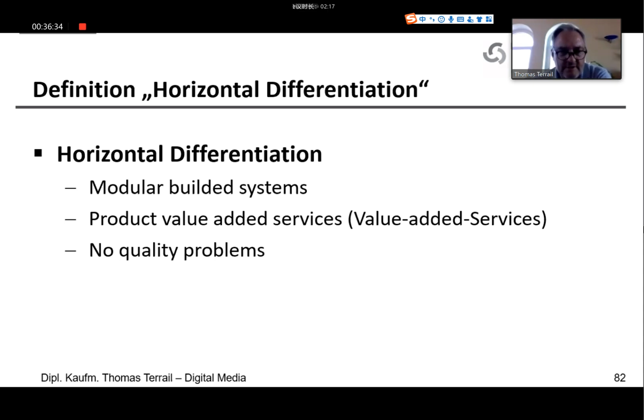So, product value added services. You have a low price portal and you have a luxury price portal. On these luxury price portals, you get product value added services, for example.